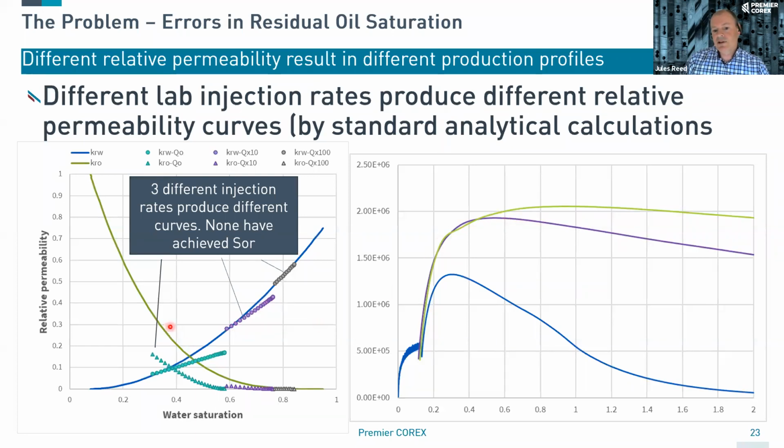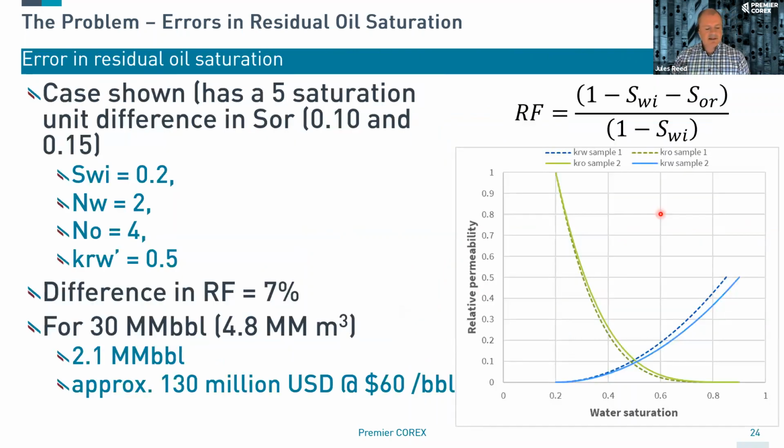And using the lines here, that's the green one, with a slightly later plateau again and a longer plateau of production. So these have significant impact on your reservoir simulations, which is why it's important to understand where the true residuals are.